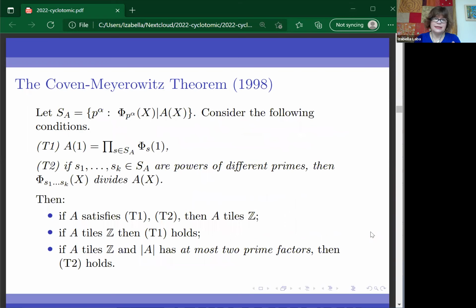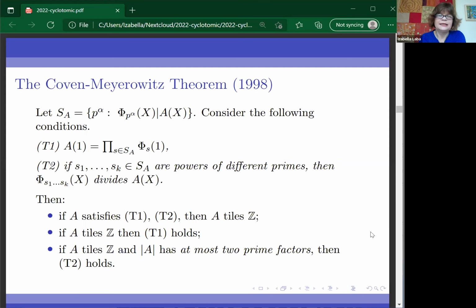And so here are tiling conditions that were proposed by Coven and Meyerowitz in 1998. Let's define S of A to be the set of prime powers such that phi to the phi p alpha of x divides a of x. And then we have two conditions.